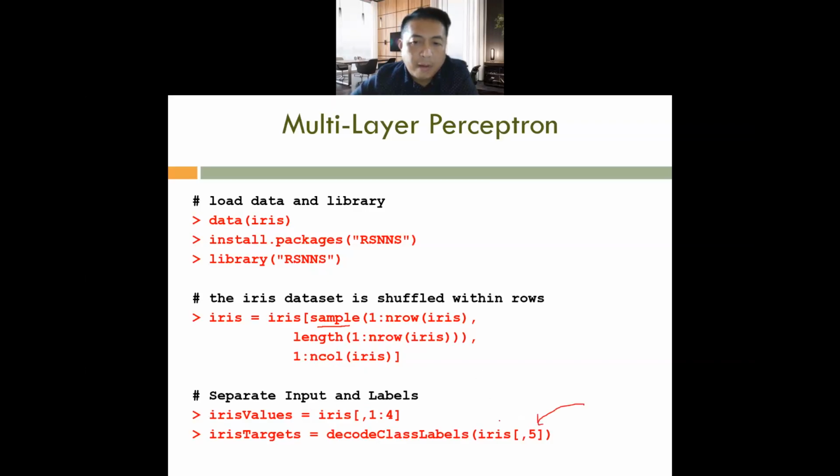This is column number 5, and this is columns 1 to 4. So all the input will be in the iris values, columns 1 until 4, and all the targets will be stored in the iris target. So now we have X and Y.